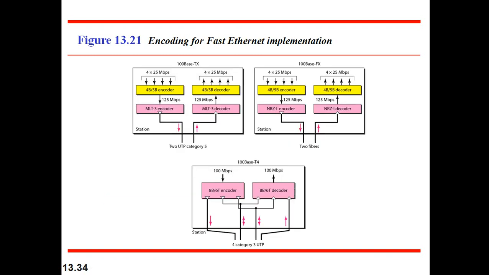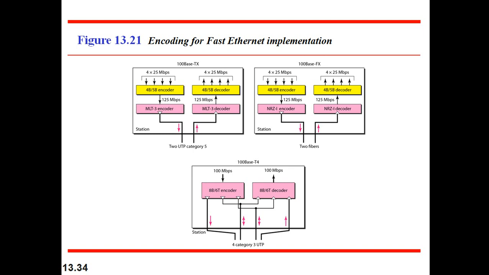If you look at the encoding mechanism in the previous case, that is standard Ethernet, we used the Manchester encoding. This Manchester encoding needs a higher bandwidth so that we can achieve the 100 Mbps data rate.